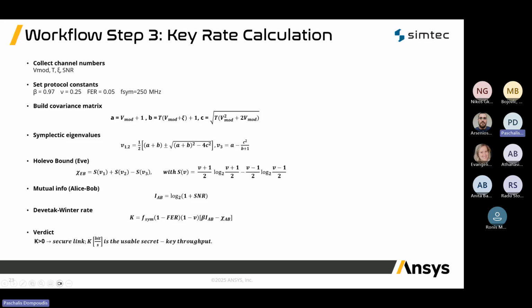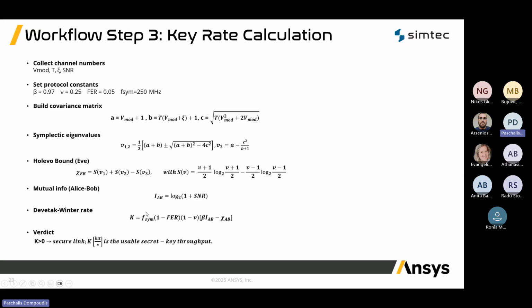And finally, the final step is to use all these calculated values to calculate the key rate. This formula is also called the Devetak-Winter formula. Essentially, we subtract the Holevo bound from beta times IAB, and then we scale by three factors.